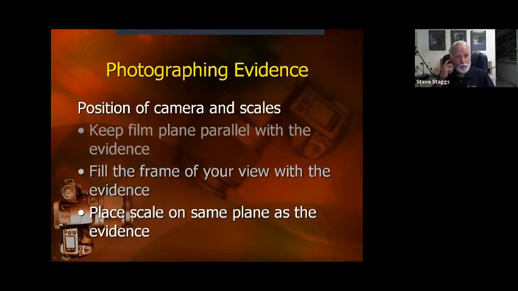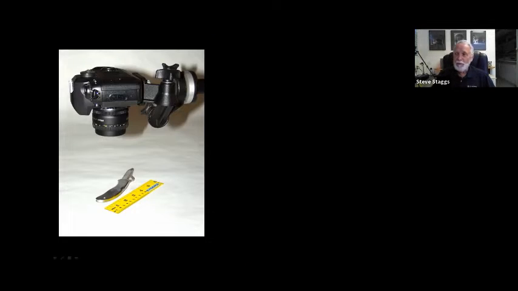If we are going to use a scale, we need to place that scale on the same plane as our evidence. So going back to the fingerprint on the handle of this knife, what you see here is wrong.